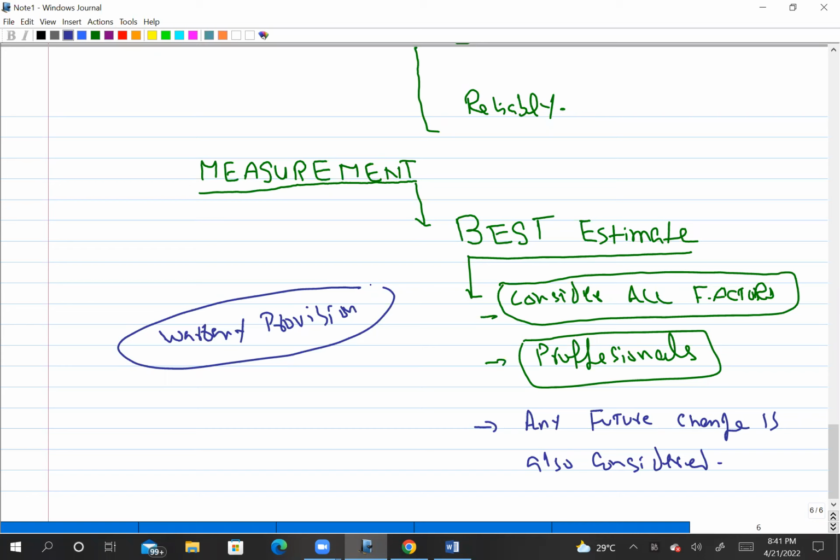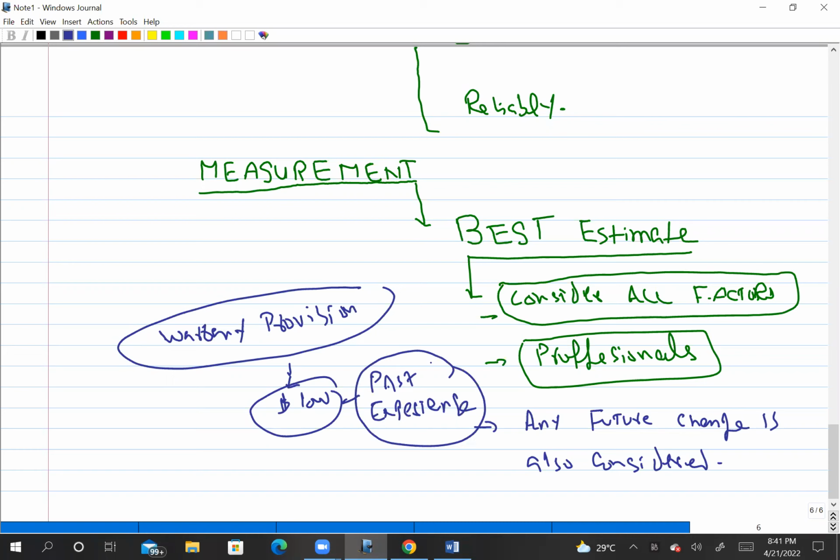Am I right? Now, for example, you have sold the product and you have estimated that you need a provision for repair in terms of warranty of $1,000. This $1,000 is based on your past experiences.